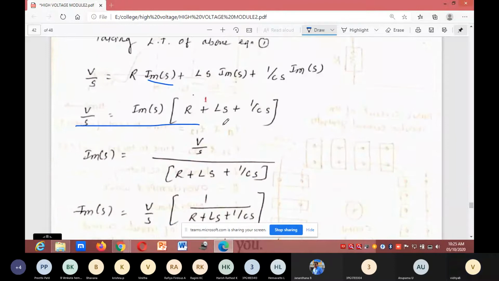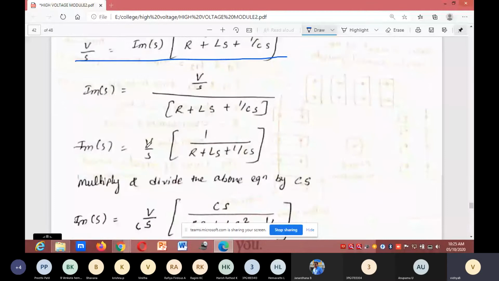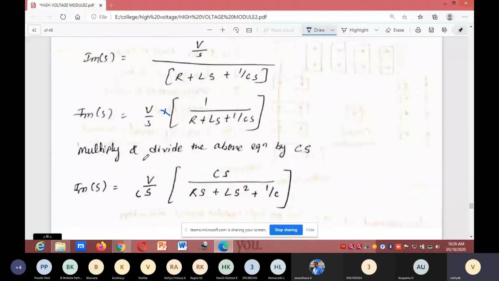Take out Im of S from this equation, you will get Im of S is equal to V by S all divided by R plus Ls plus 1 divided by Cs. Im of S is equal to V divided by S into 1 divided by R plus Ls plus 1 divided by Cs.